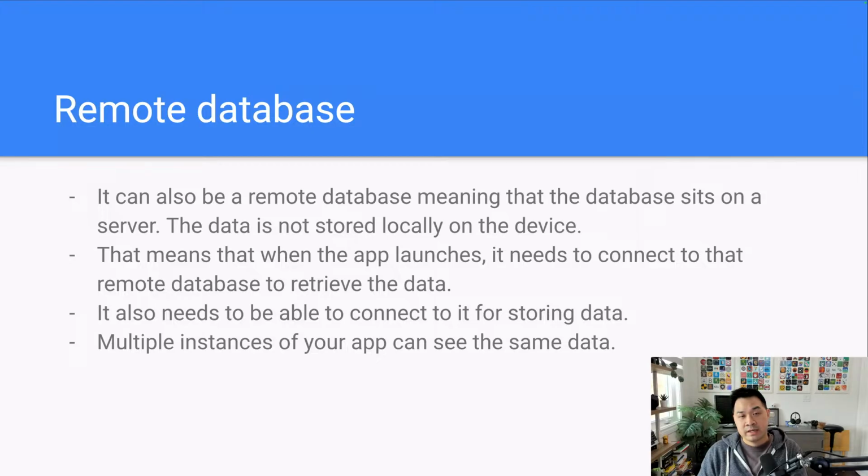So for things like Instagram, things where you have user-generated content that everyone is meant to see, you would definitely need something like a remote database so that all the users can connect and access the same set of data. If it's a local database, then only you can access that data.